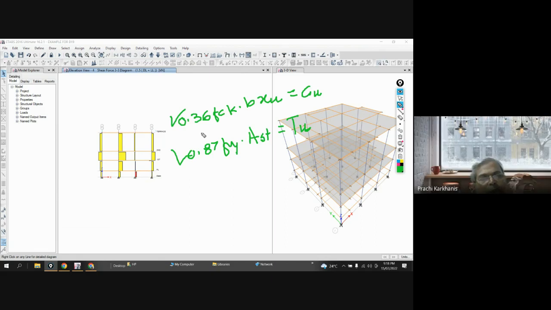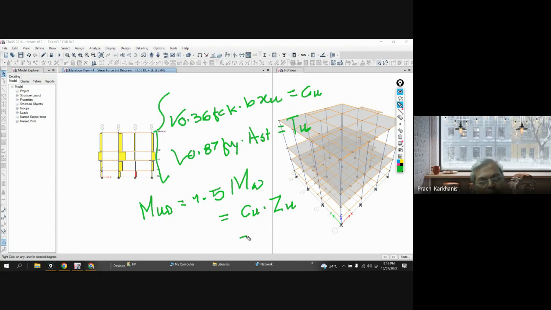So material strength is considered over here, and when you are finding out your moment design, there you are considering it as 1.5 times your moment working, and then you are equating it with Cu into Zu or Tu into Zu.